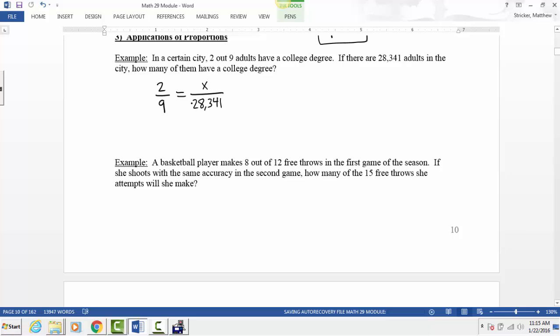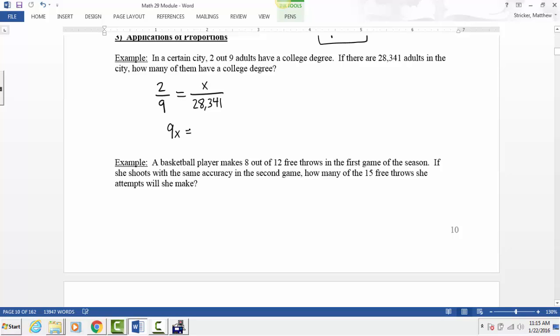The 28,341 is going to be on the bottom because that's the total. Here, 2 out of 9 have one. How many out of this? So just the number on the bottom gets bigger. But we're going to solve the same way we just did. We're going to cross multiply. We're going to take 9 times x.